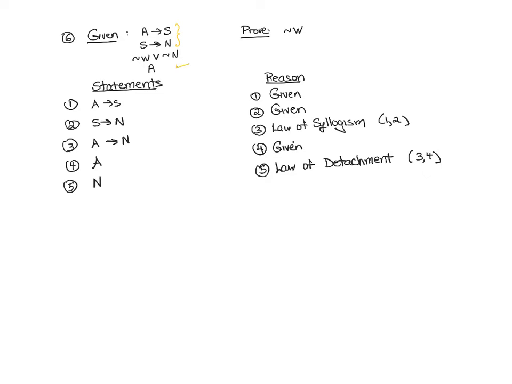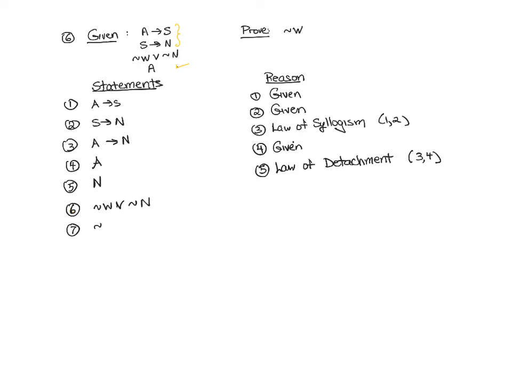Now, the only thing we did not use is the not W or not N. So let's write that down. And the only law that's left is the law of disjunctive inference. That's the only one that we can use with the disjunction. But we have to show that we're negating one of the disjuncts. And the disjunct that we're negating is not N, and we did. So, well, actually, we should write down number 7.